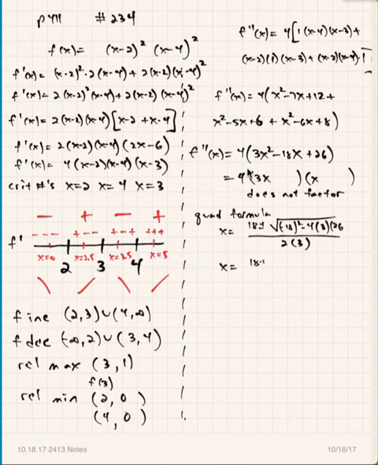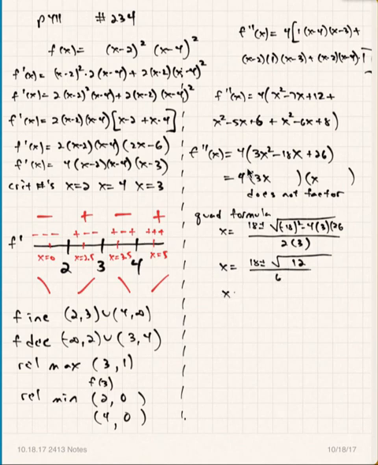So you have 18 plus or minus the square root of, and then underneath that radical, you have 18 squared minus 12 times 26. So that's not too bad. You get 12 underneath the radical right there. And that's all over 6.